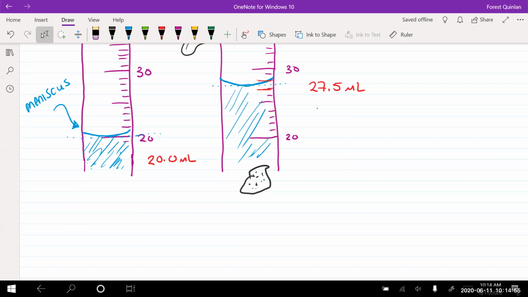So the intuition here says, look, if it started at 20 and it goes up to 27 and a half, then that potato must have been that 7.5 mils worth of volume to push that water up. So basically you just take the volume is equal to that 27.5 minus the 20.0 to give you 7.5 milliliters.